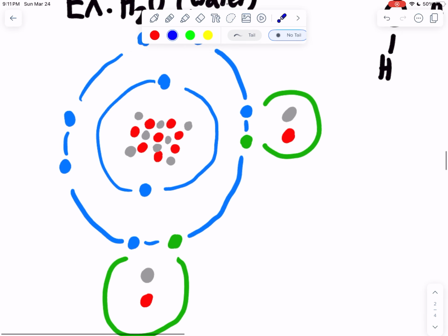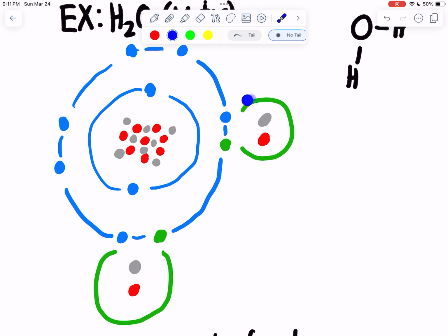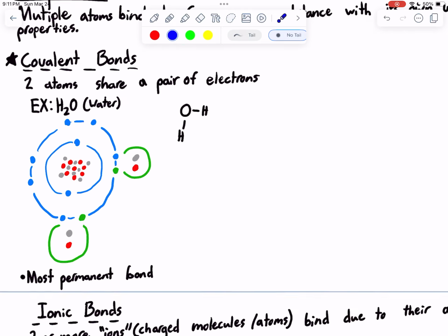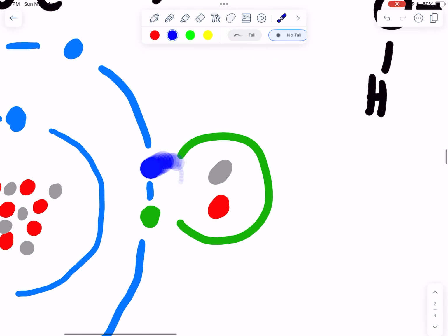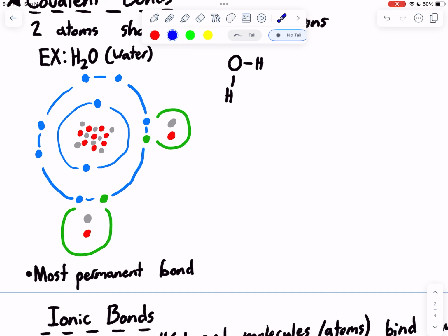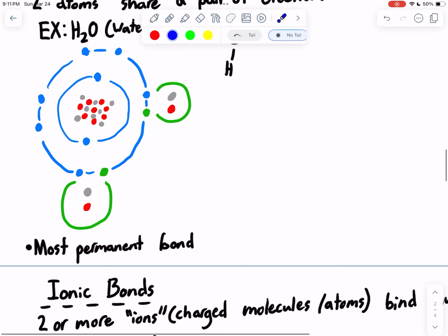This is what it looks like in actuality, with these green shells also representing electrons just from these hydrogens, and this oxygen in the center. And basically, this shows two hydrogens attached to one oxygen. Because they share this pair of electrons right here and right here, they will basically attach to each other. And this is probably the strongest bond.